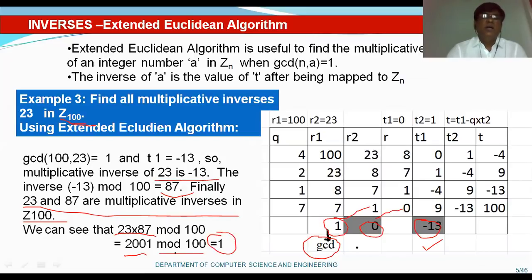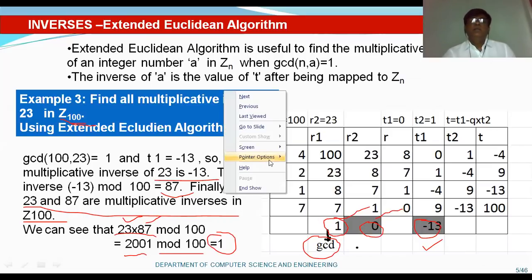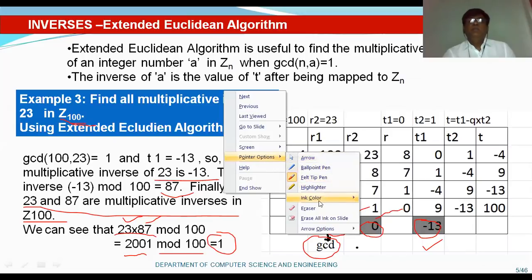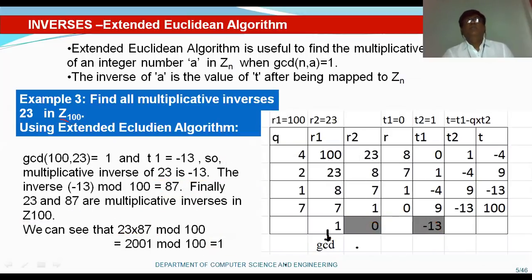Since we got 1, we can say the multiplicative inverse of 23 is 87. So this is one of the ways to find the multiplicative inverse of a number using the extended Euclidean algorithm.